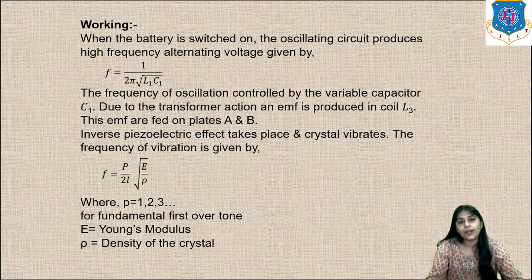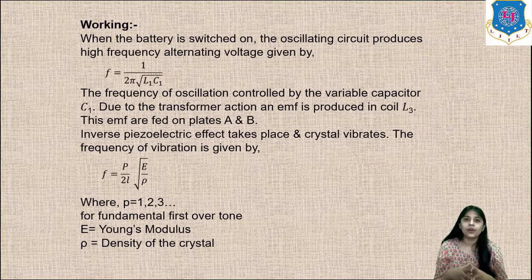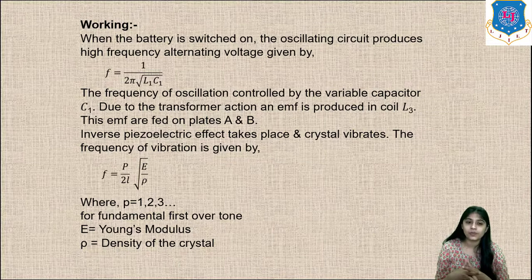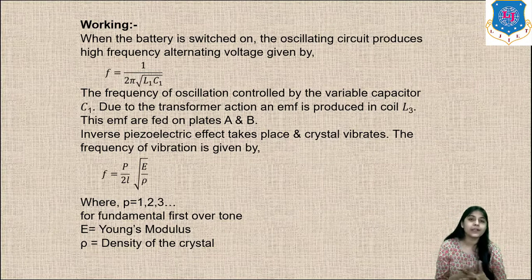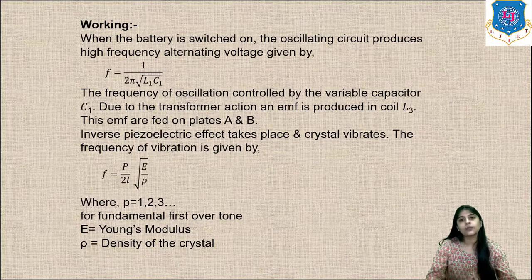The frequency of vibration is given by P upon 2L root E by rho, where P is the value of overtones: P equal to 1, 2, 3 represents the first fundamental overtone, then the second overtone, then the third overtone, and so on. E is the Young's modulus or elastic constant, and rho is the density of the crystal. So this is how ultrasonic waves are generated using the inverse piezoelectric effect.